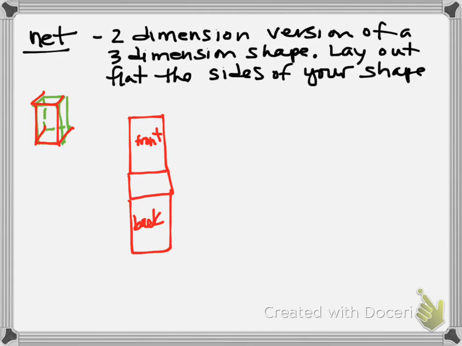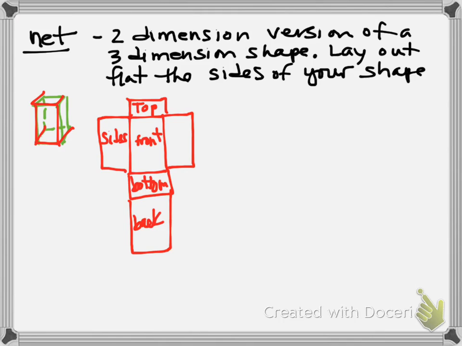This is the bottom of the box, and you're going to have a flap up here for the top of your box. And then, because we're cutting things apart, attached to either the front or the back, this would be the sides.